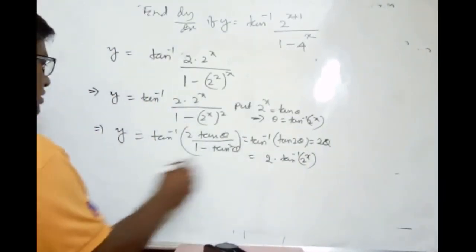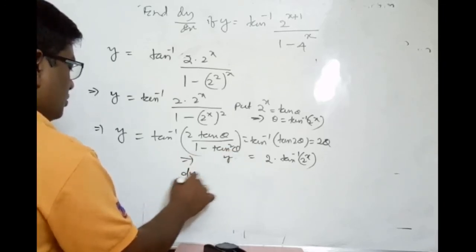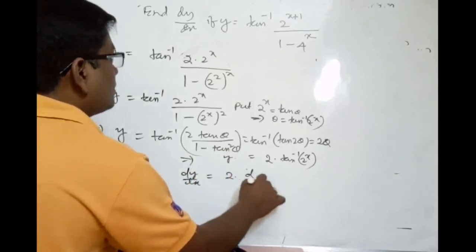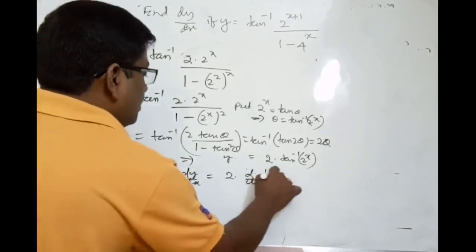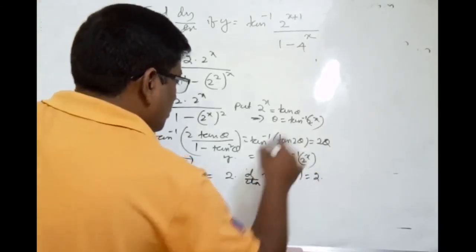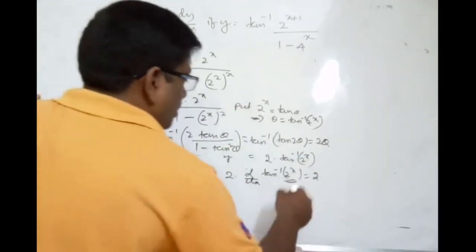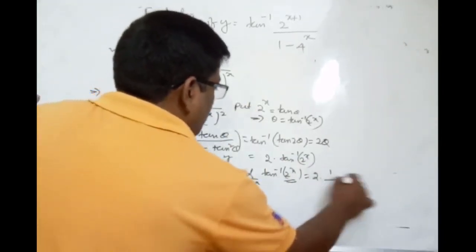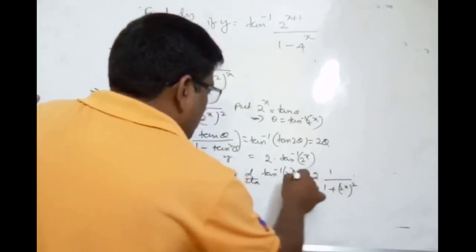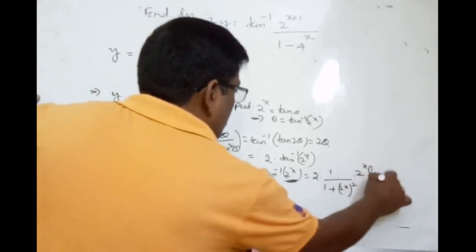Now dy by dx is equal to 2, a constant, into d by dx of tan inverse 2 to the x. What is the derivative of this? The derivative of tan inverse x means 1 by 1 plus (2 to the x) whole square, into the derivative of 2 to the x, which is 2 to the x into log 2.